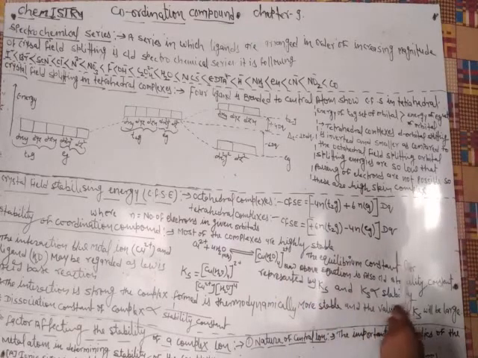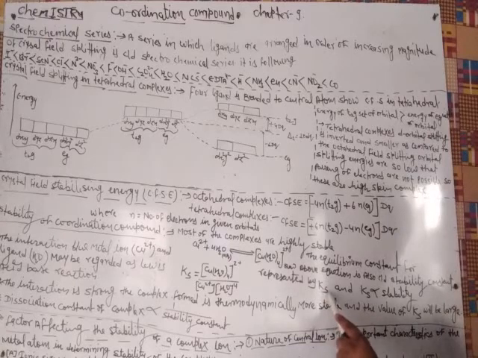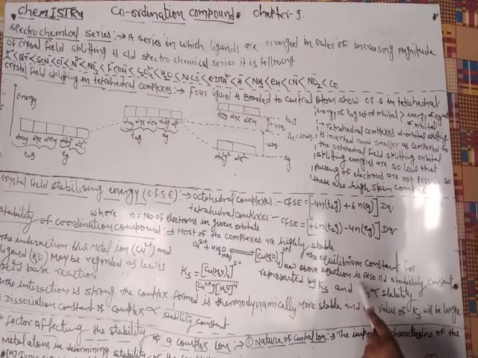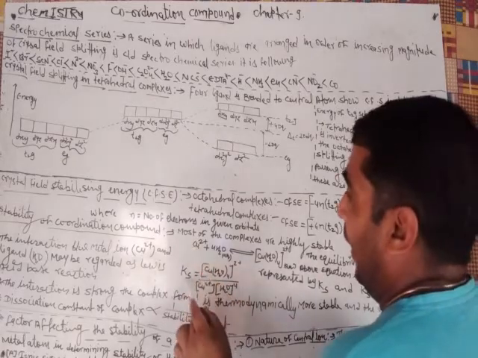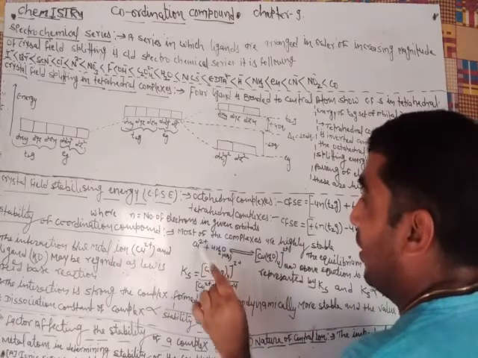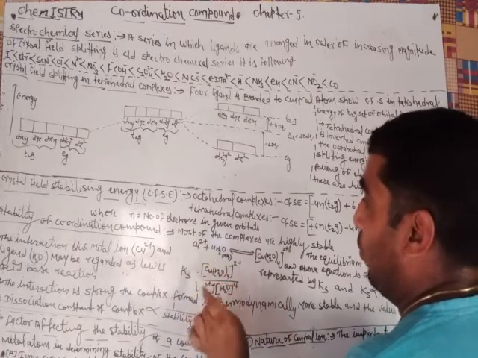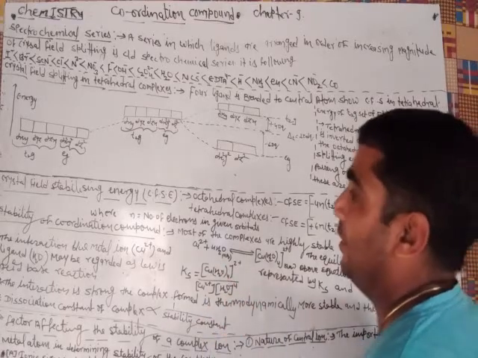The equilibrium constant for this equation is also called the stability constant and is represented by Ks. If the Ks value increases, then stability also increases. Ks is an equilibrium constant, so it equals product concentration upon reactant concentration.